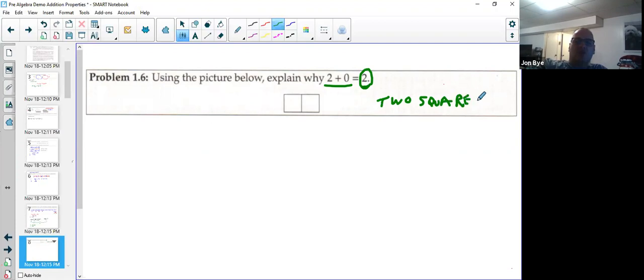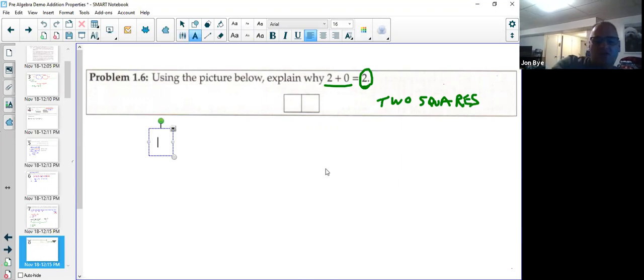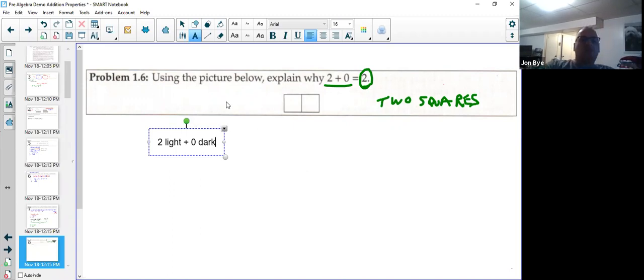And if we think of the other side as 2 light squares, let's do this, all right? I have 2 light plus 0 dark. Right? So I have 2 light, 0 dark squares. There's no dark squares, and so we get 2.